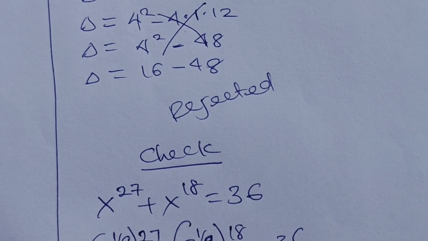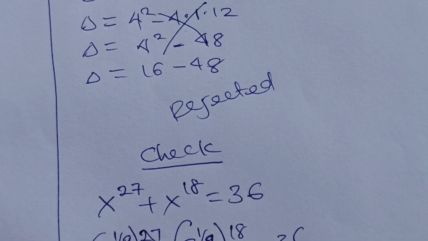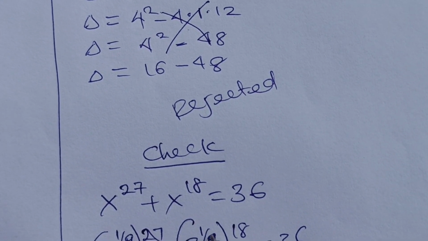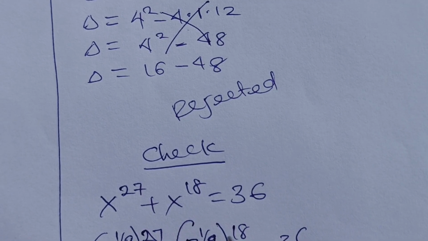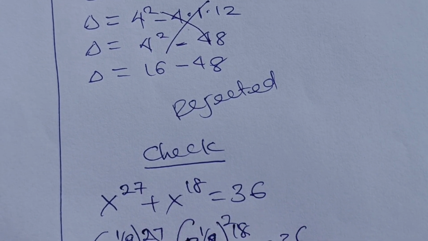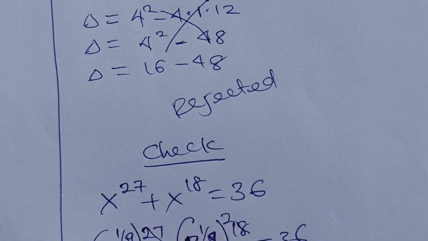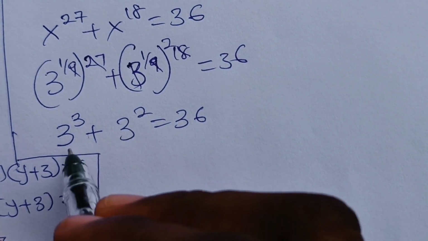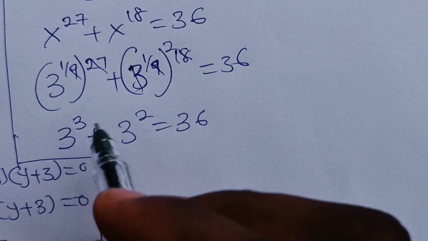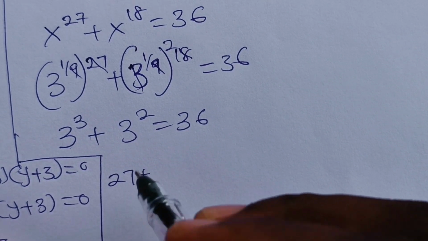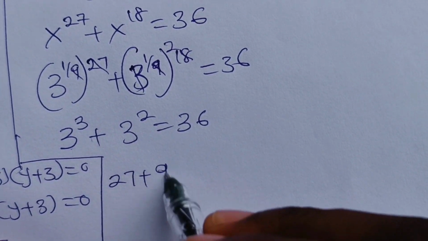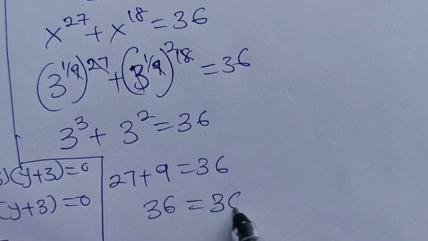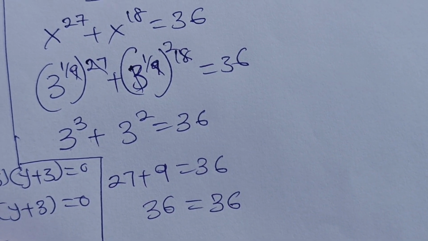So we have 3 to the power of 3 plus 3 to the power of 2 is equal to 36. Now 3 to the power of 3 gives us 27, plus 3 to the power of 2 gives us 9, is equal to 36. So we have that 36 is equal to 36, and this is correct.